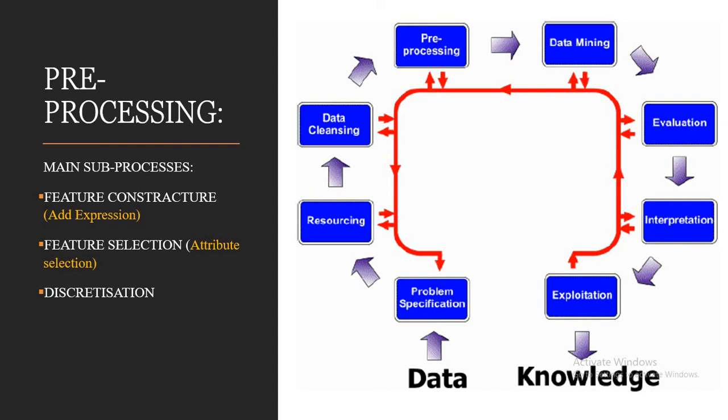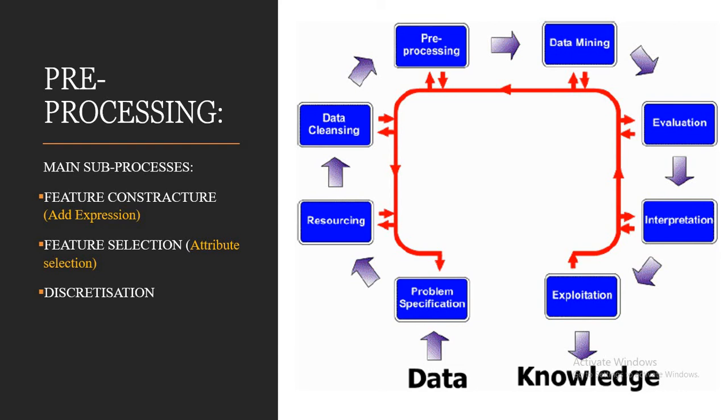The second sub-process is feature selection, or we can call it attribute selection. Weka also has a technique called attribute selection, where it reduces the number of attributes by selecting the attributes that contribute the most to the prediction.